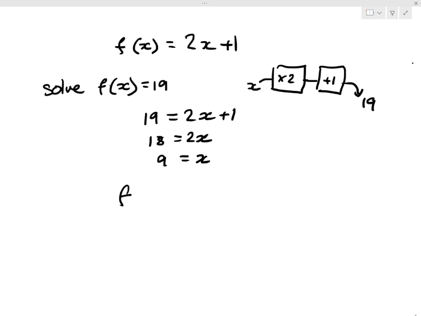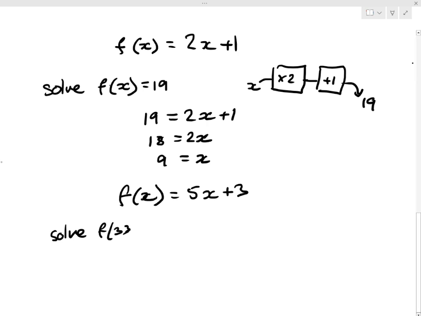We can have another example. f(x) is equal to 5x plus 3, and we can solve for f(x) equals 33.